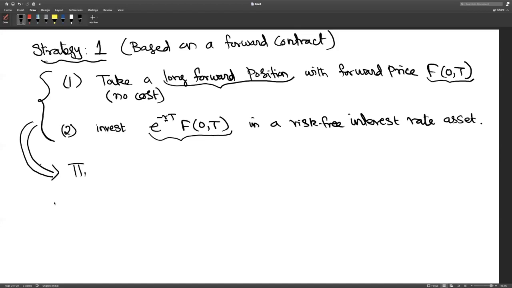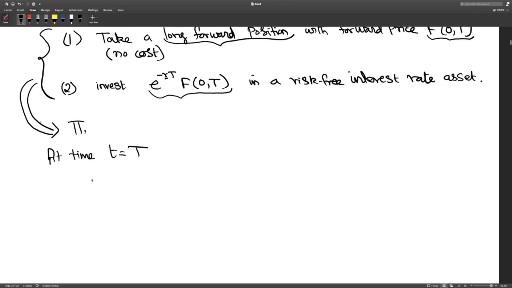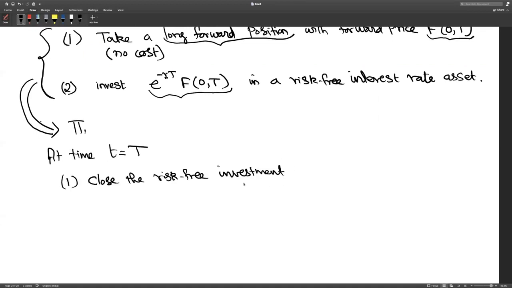This is at time t equal to 0, and at time t equal to capital T, you are going to close this portfolio. You first close the risk-free investment. When you close it, how much money will you get?